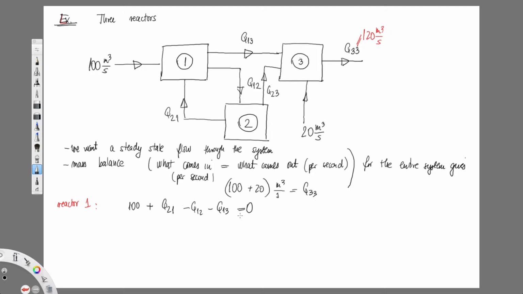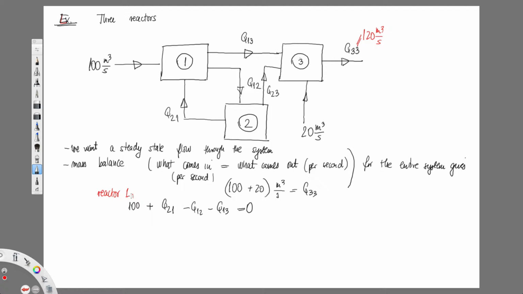Reactor 1. Oh, it's not all projected for some reason. I'm going to write more in the middle. Is this better? There are parts of the page that are not projected, and I don't know why.